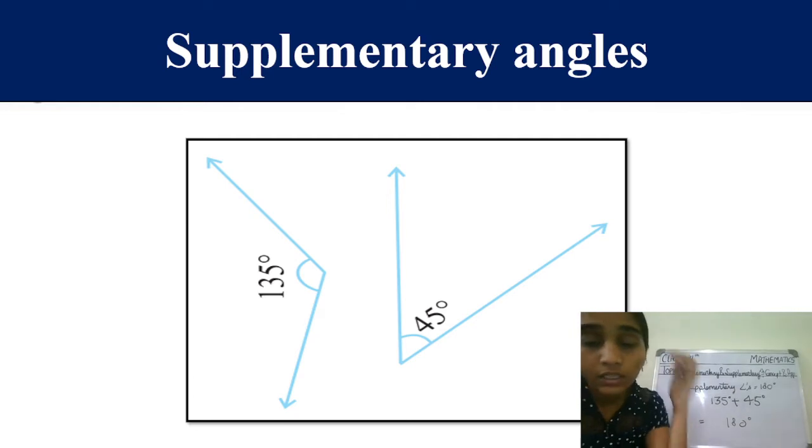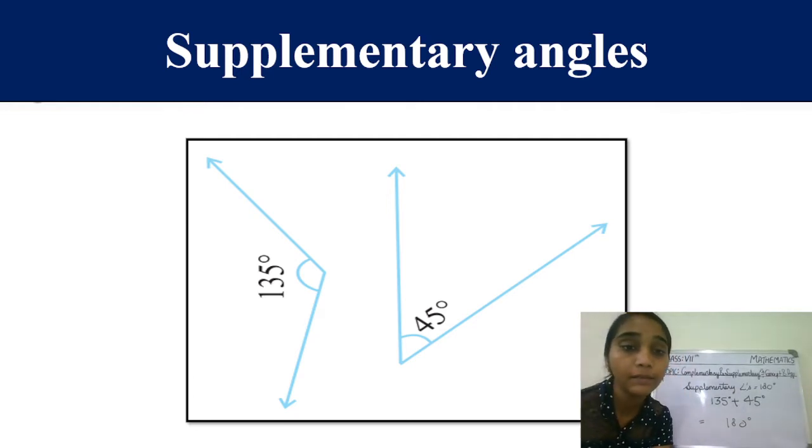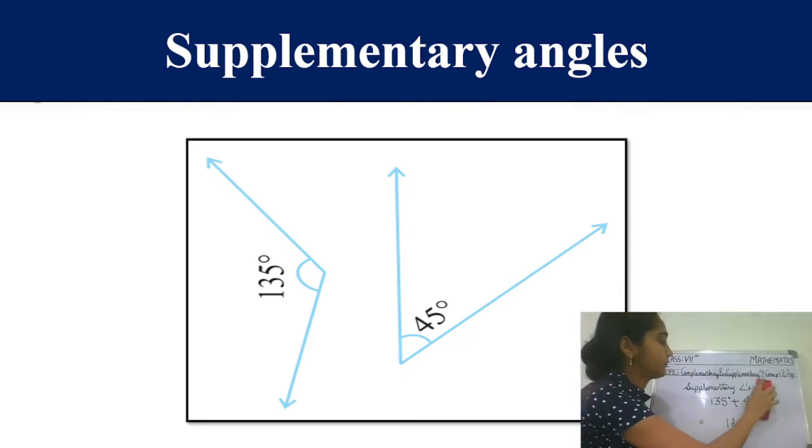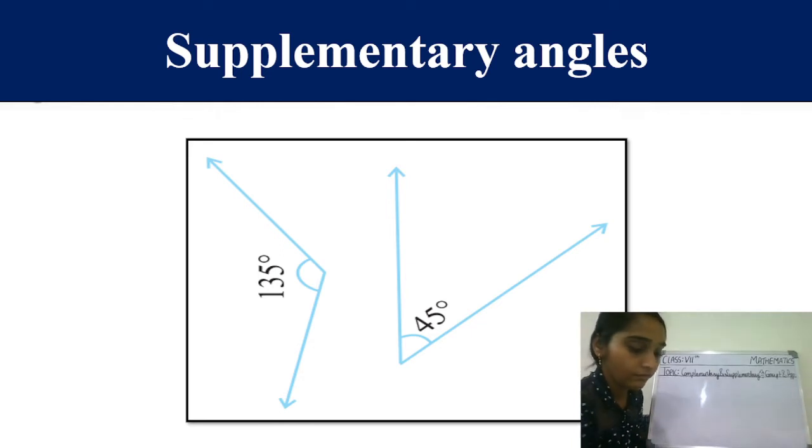Now students, if I ask you what is the supplement of 135 degree in this case? Very good. One angle is said to be the supplement of the other if the sum is 180 degree. So here we are getting the sum as 180 degree.